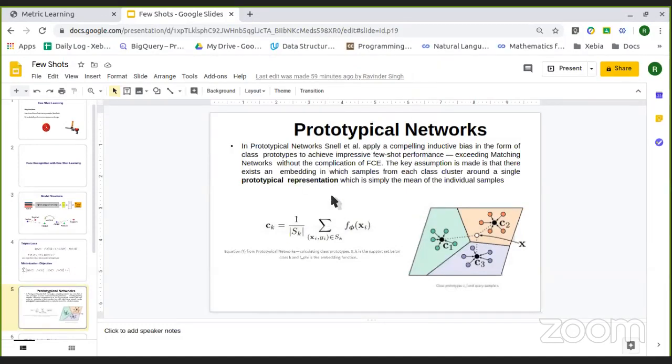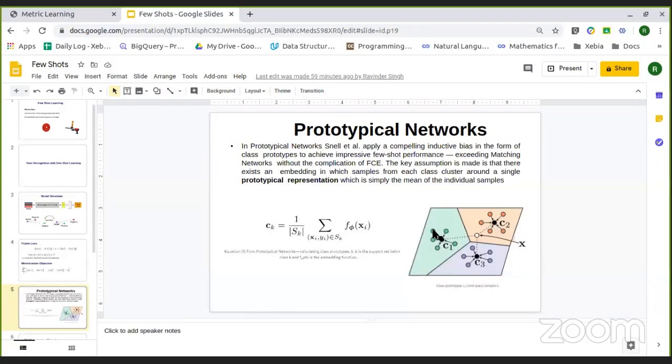So in prototypical network, what we are doing is we are creating the embedding of these 5 things. We are assuming that there are 3 classes, and each class contains 5 examples. So we pass each image through our embedding network and generate the embedding.